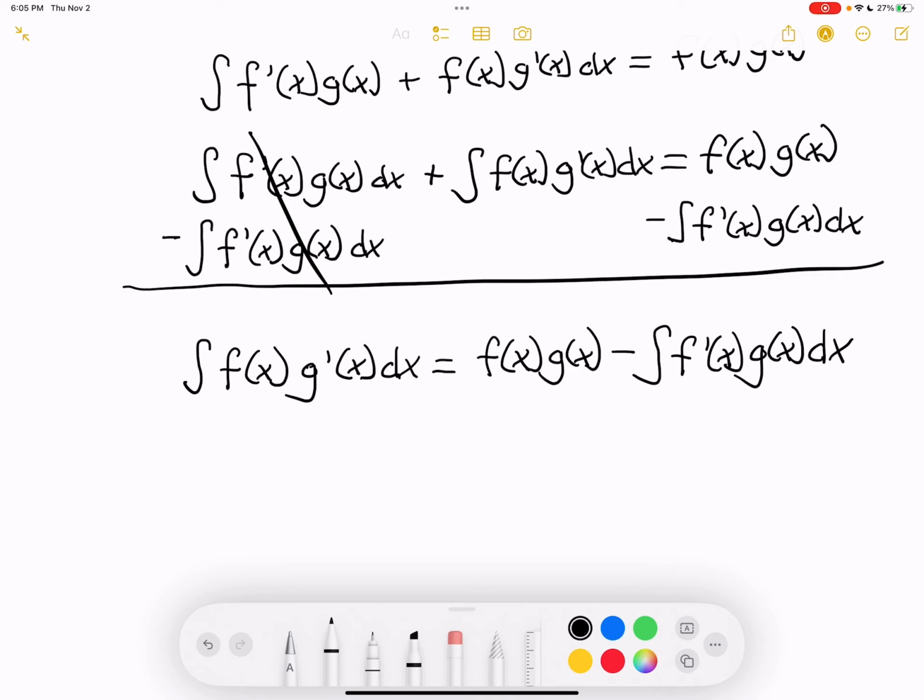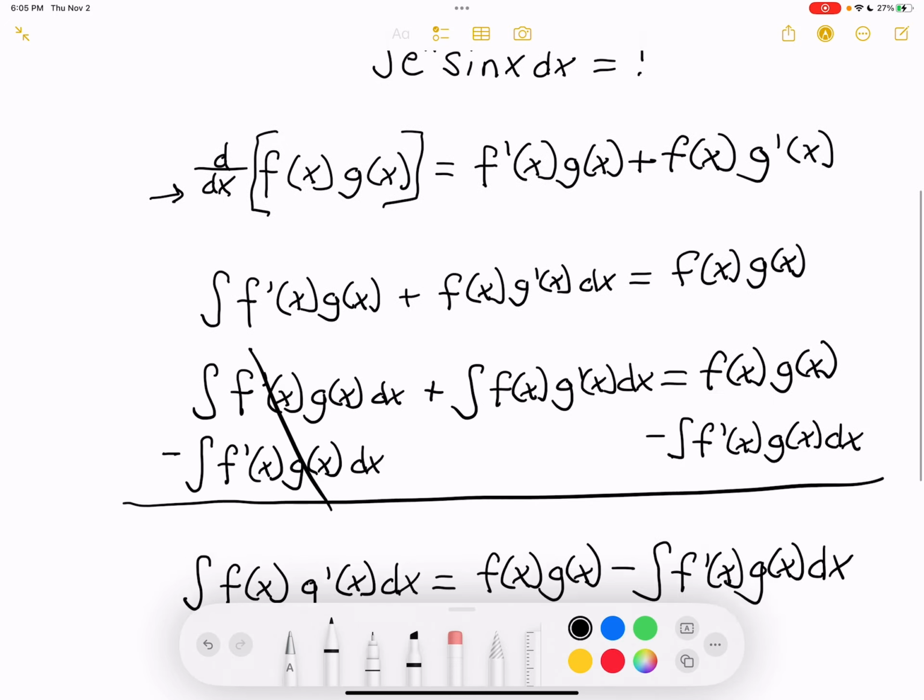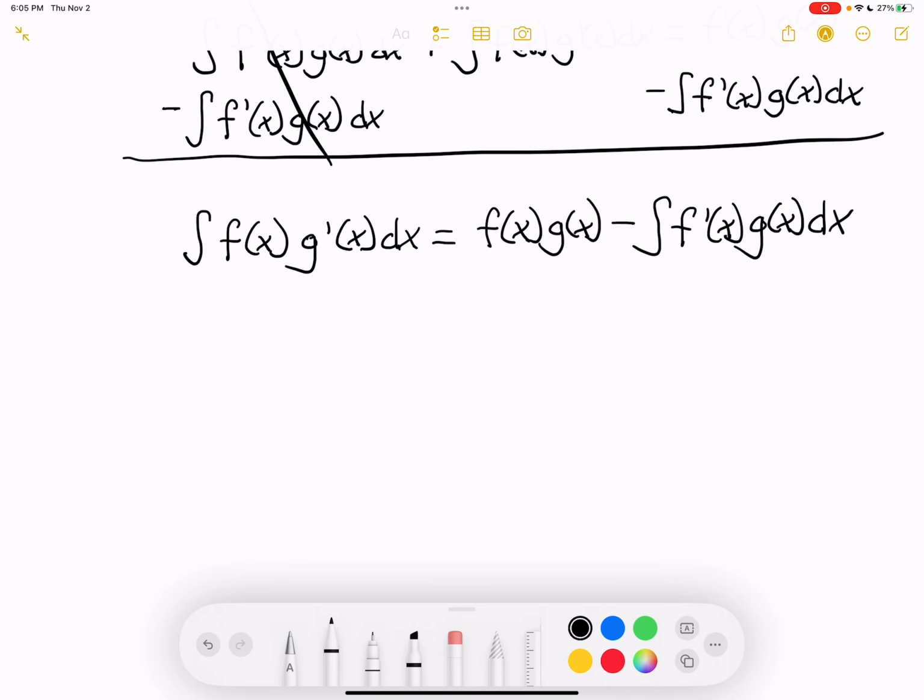However, it's usually presented to students in a way that uses u and v, and that's how we had it originally up here. So to do that, I'm going to pick a u, I'm just going to change the variables. I'm going to write this in terms of u and v.